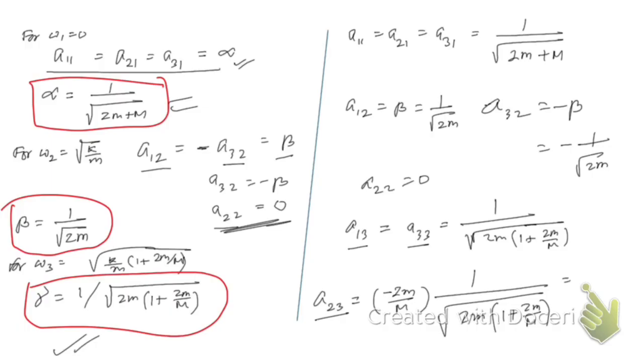So if you simplify this, here we're gonna have minus 2, then under root, you have to multiply this small m by capital M. When you put it inside the root, then it will be capital M square by small m square. So if you write here in the denominator, it will be M by small m, right, square.